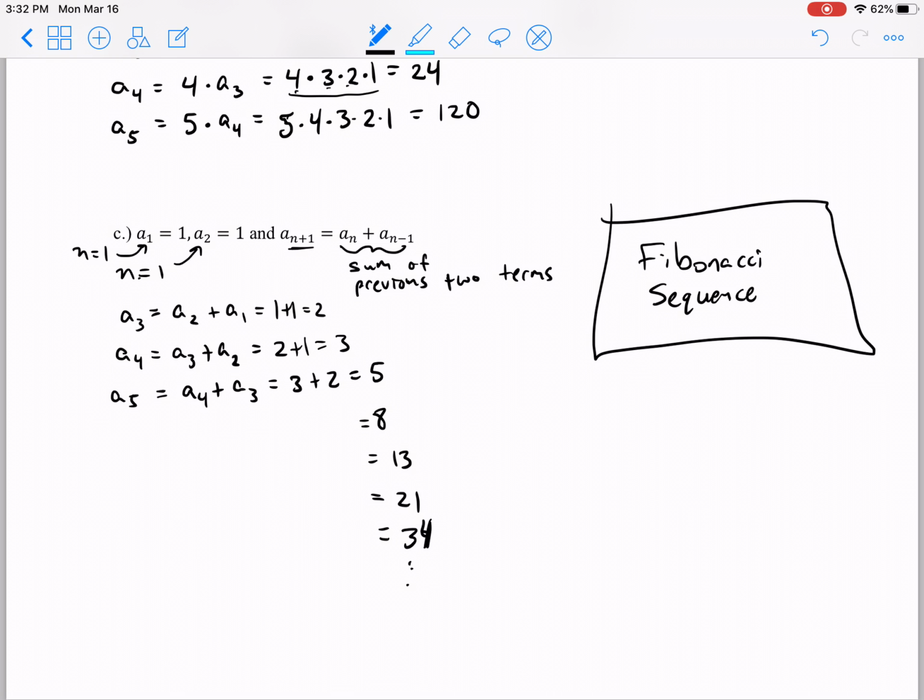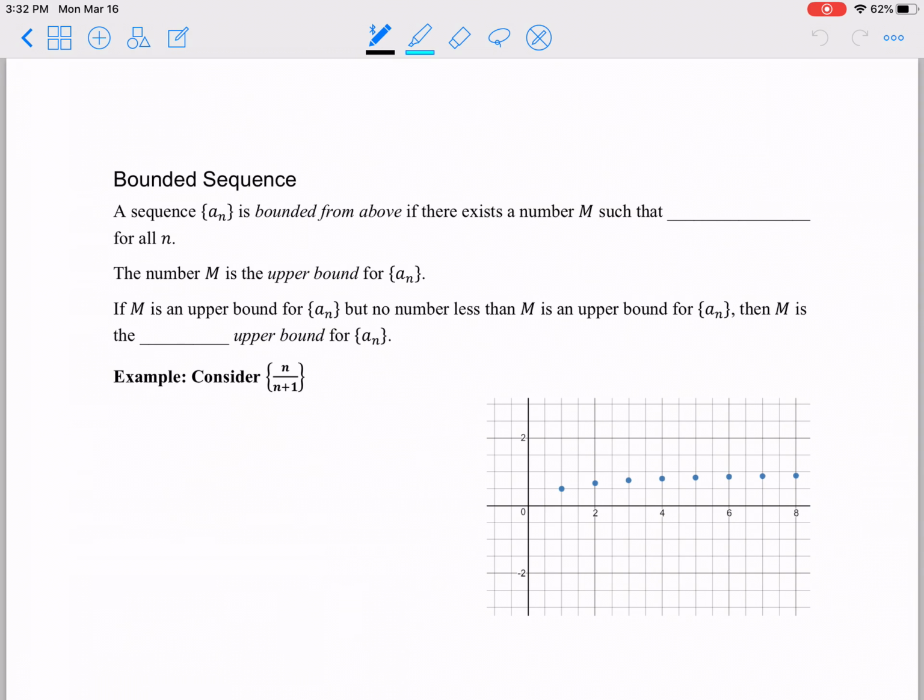Okay? So there are some recursive versions of some sequences.